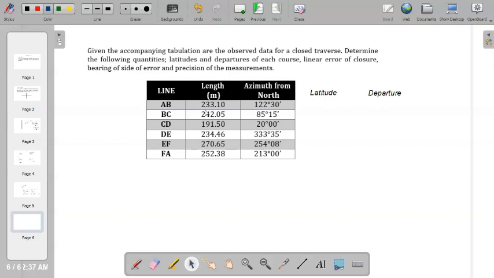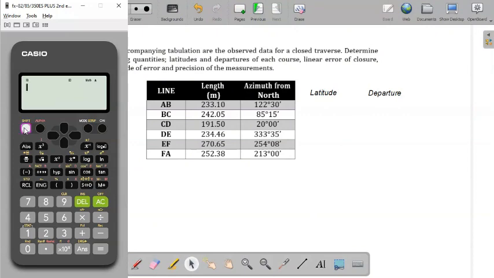So, shift rec and then press 233.10, comma, and then enter your azimuth, 122 degrees, 30 minutes. Here, I will show you how to do the sign.